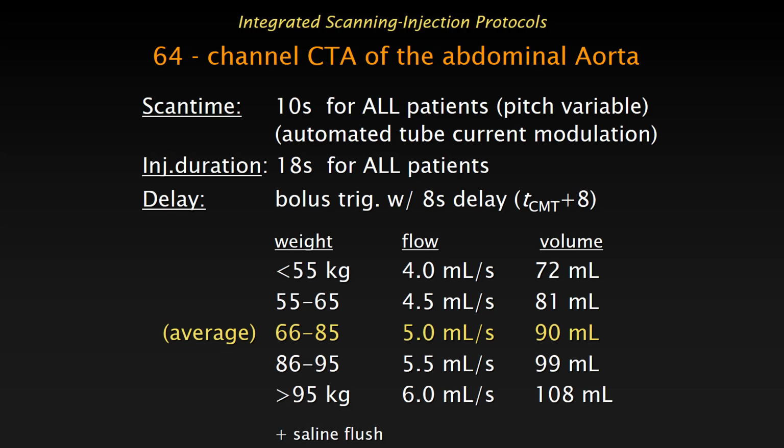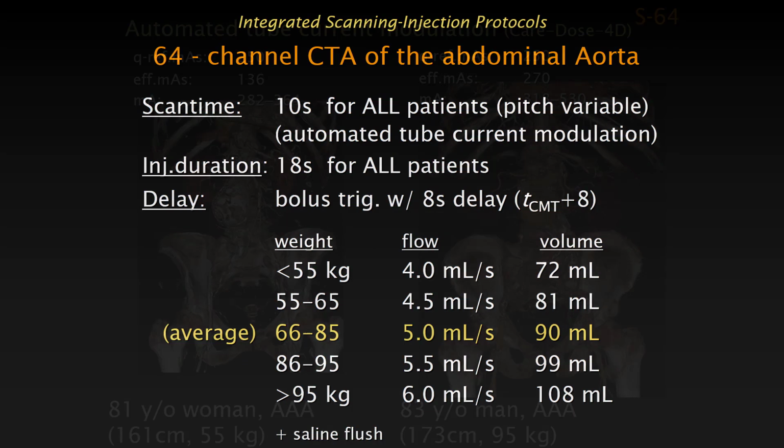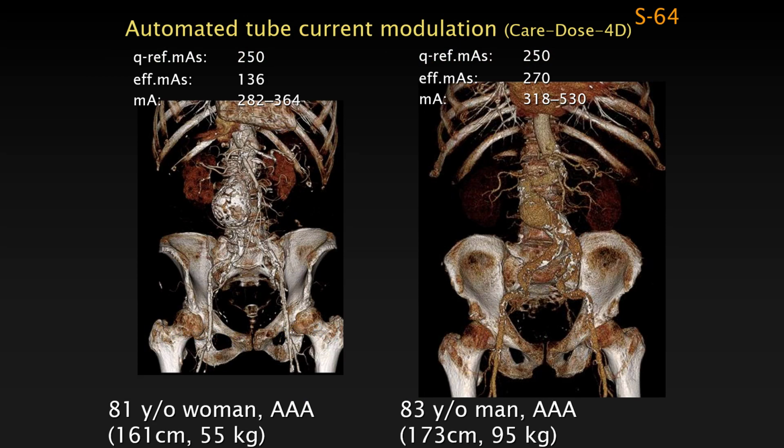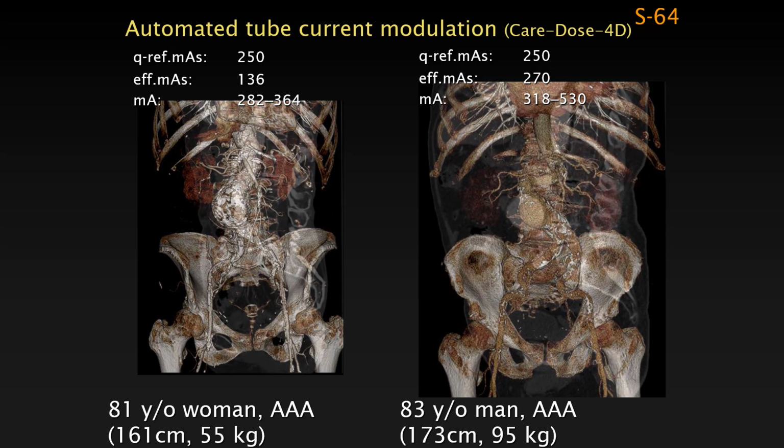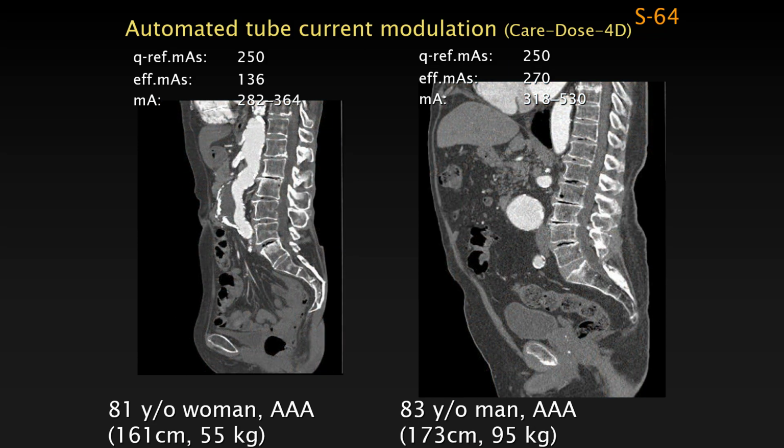In a large patient, you can inject 6 cc's per second, and you will need 108 cc's of contrast. So it's a very simple idea and a very simple approach to solving the variability across patients. And then you can see that the enhancement is relatively similar across patients. The dose variability gets taken care of by automated tube current modulation, and the contrast variability is also relatively straightforward.